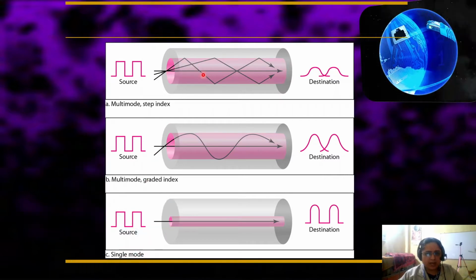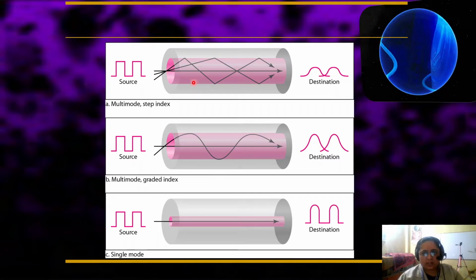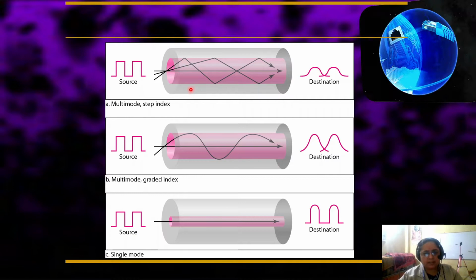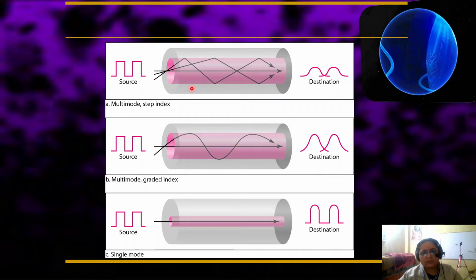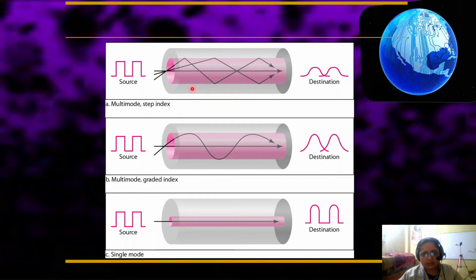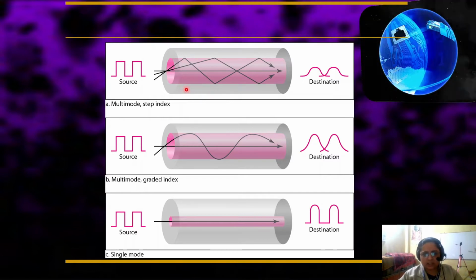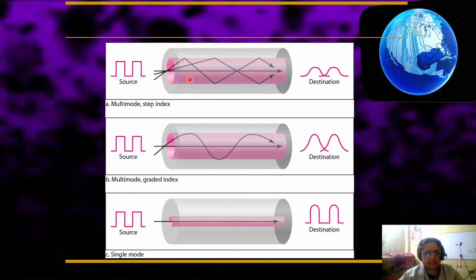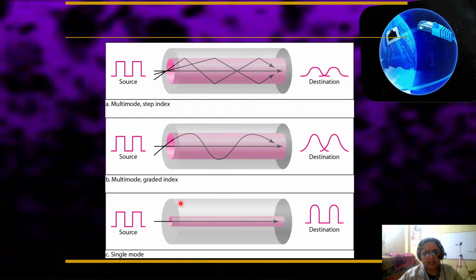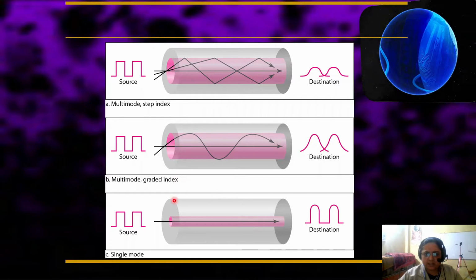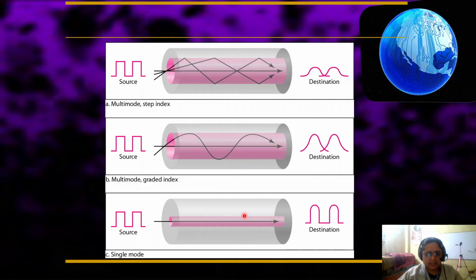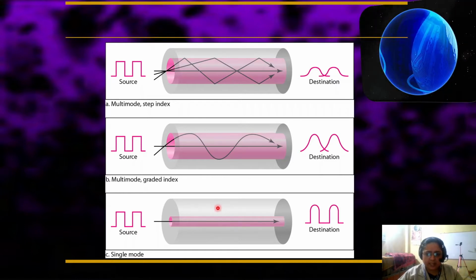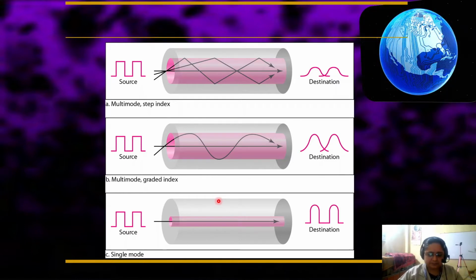We had already discussed what total internal reflection is, and how the total internal reflection concept is used for transmitting the light from the source to the destination in fiber optic cables. So we had studied its different types, and these are the different types in a nutshell, where we can see that the most suitable type is single mode, although it is quite expensive compared to the others.